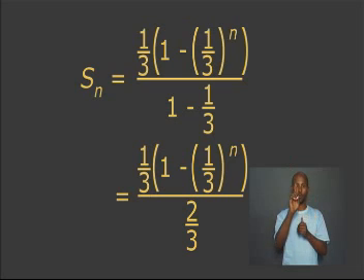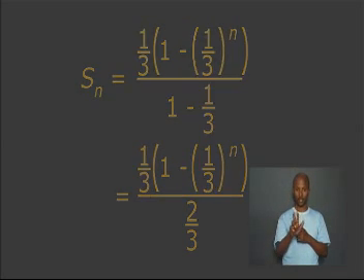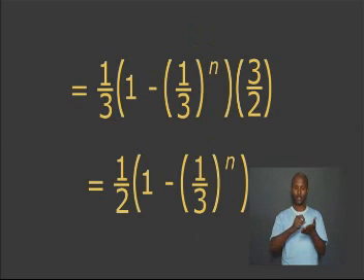1 over 3. When we simplify this fraction, it becomes 1 over 3 times 1 minus 1 over 3 to the power of n over 2 over 3. Let us write the expression as 1 over 3 times 1 minus 1 over 3 to the power of n times 3 over 2.